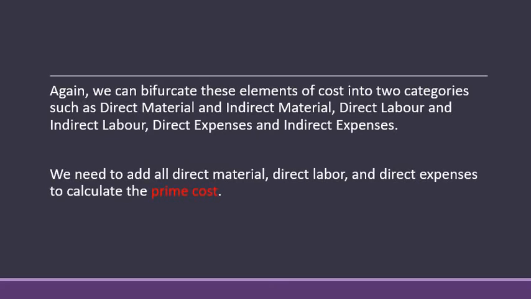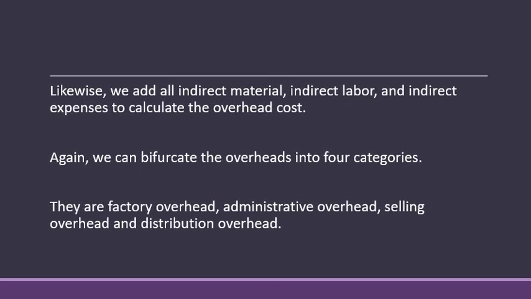Likewise, we add all the indirect material, indirect labor, and indirect expenses to calculate the overhead cost. Again, we can bifurcate the overhead into four categories. They are factory overhead, administrative overhead, selling overheads, and distribution overheads.